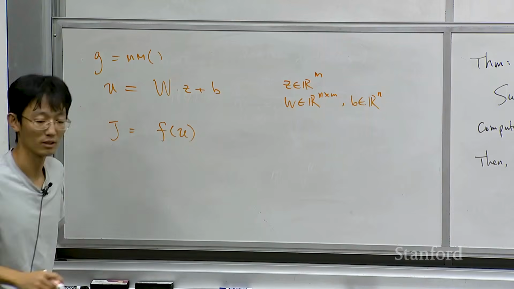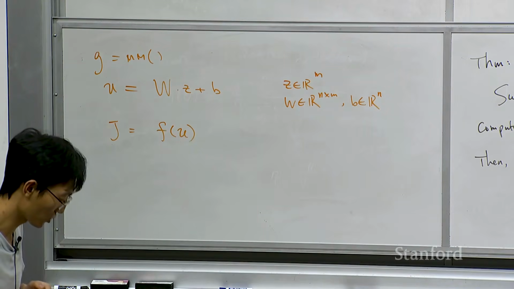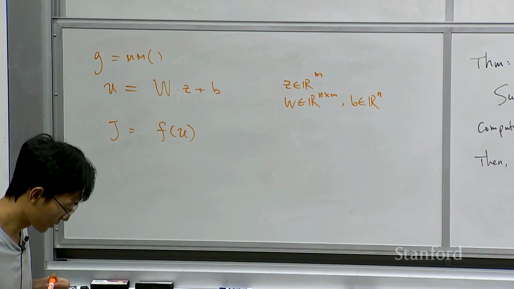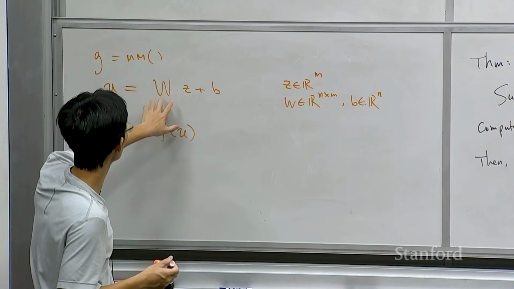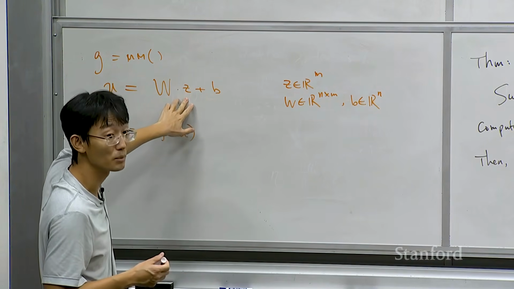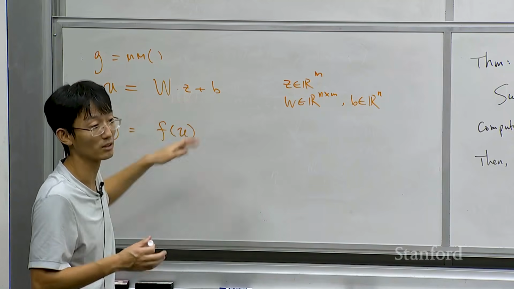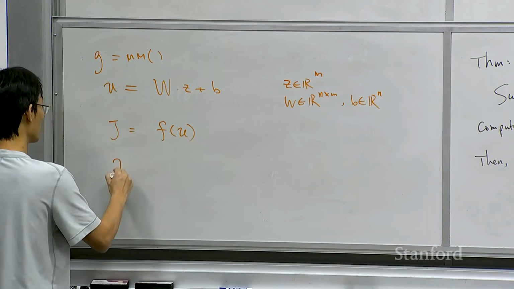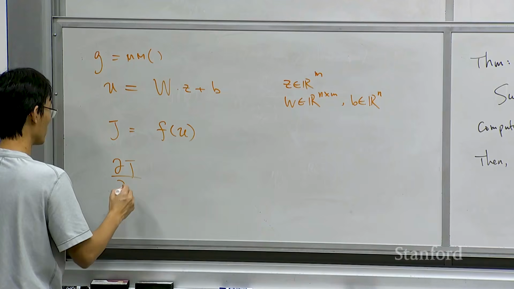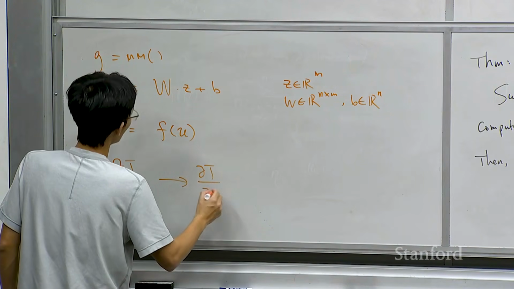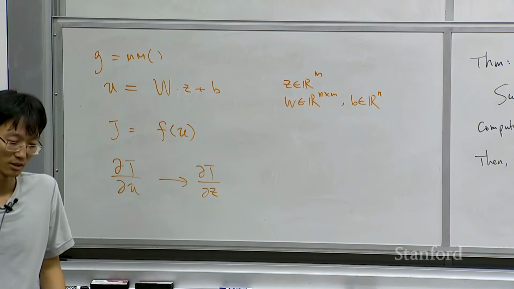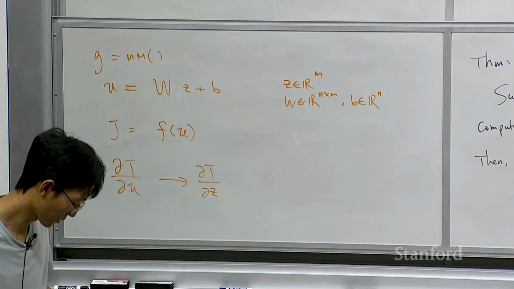So eventually I have a function f applied on u, which is J. As I said, you can view z as the input, or you can view W as the input. So let's view z as the input. Our goal is, given dJ over du, to compute dJ over dz. That's the first task we are trying to do here.